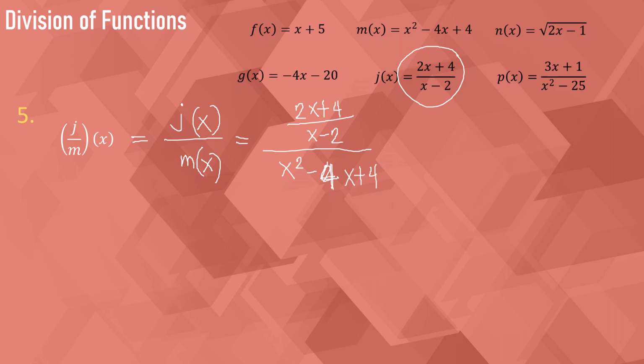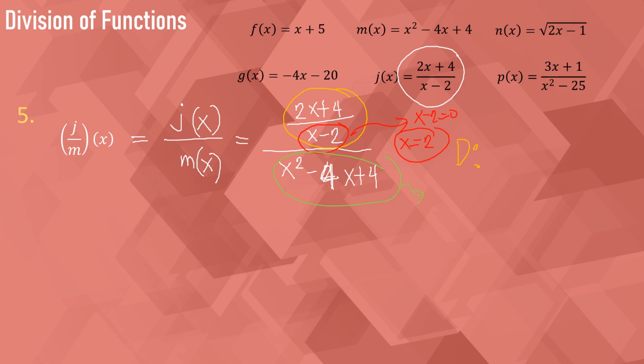Now let's get the domain of this function. Okay, pansinin natin ang numerator muna. Makikita natin dito ang 2x plus 4. So bawal maging 0 ang denominator, x minus 2, right? So get that equated to 0. So the value of x that will make that 0 is 2. So bawal lang 2.